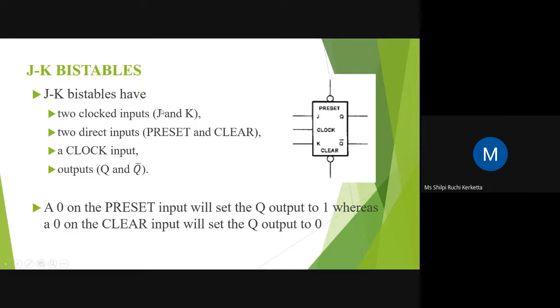So here it is explained. If JK comes in the exam, you can say this: two inputs are there, J and K, one clock is there, one preset and one clear is there, and two outputs are there, Q and Q bar. And you can also explain that Q and Q bar are complementary. Whatever you know, just write it.